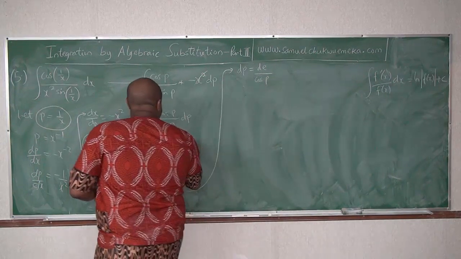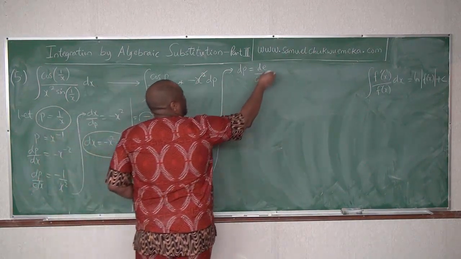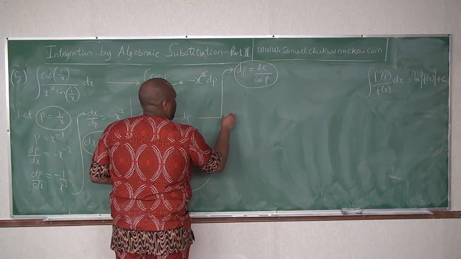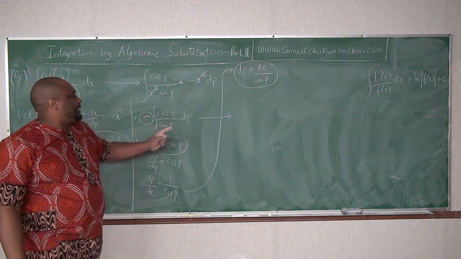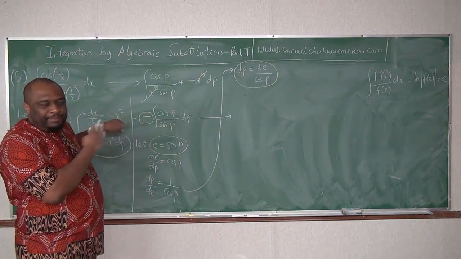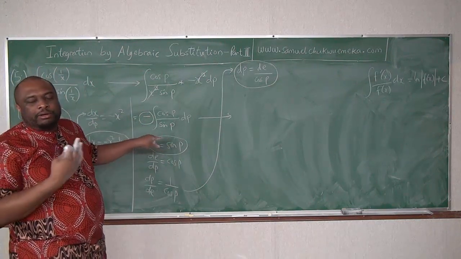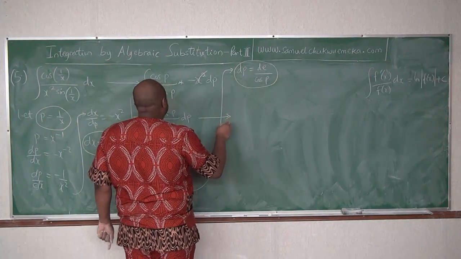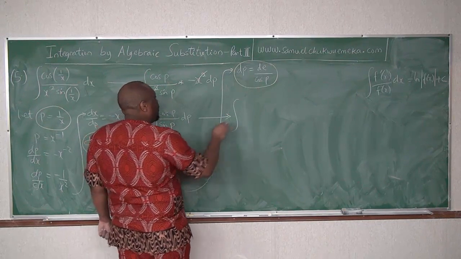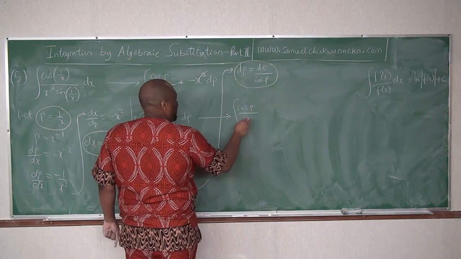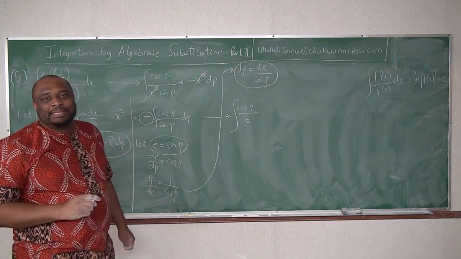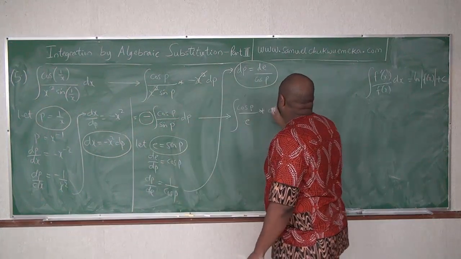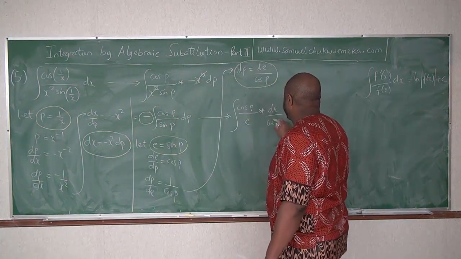So I need this, and I need this. This means here I still have my negative, let me keep it. So this means the integral of cos p over E times dp, which is dE over cos p.